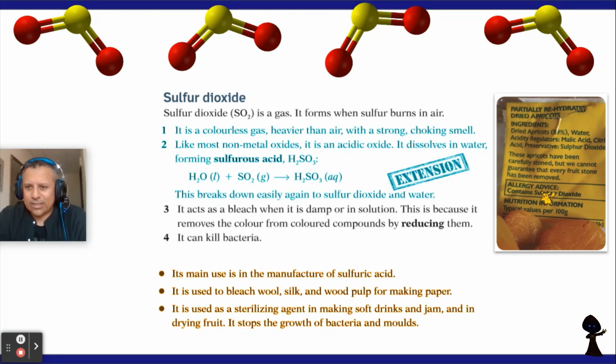You'll find that sometimes on your dried fruit, for example rehydrated dried apricots, there's allergy advice saying it contains sulfur dioxide. Sometimes the preservative is stated as sulfur dioxide, because it stops the growth of bacteria and molds and preserves the food.